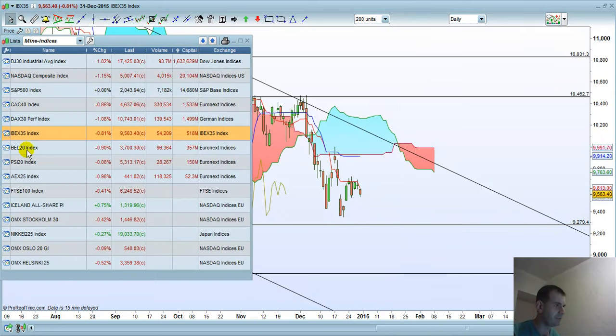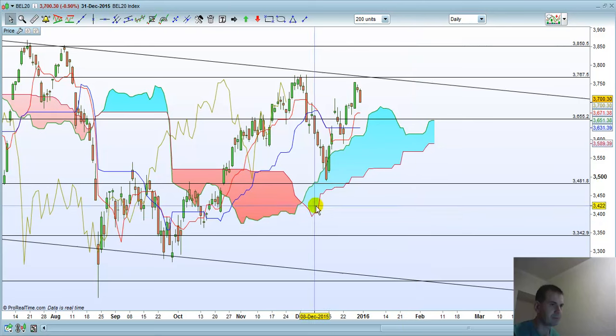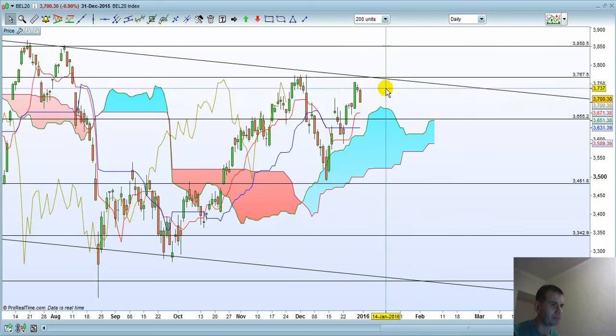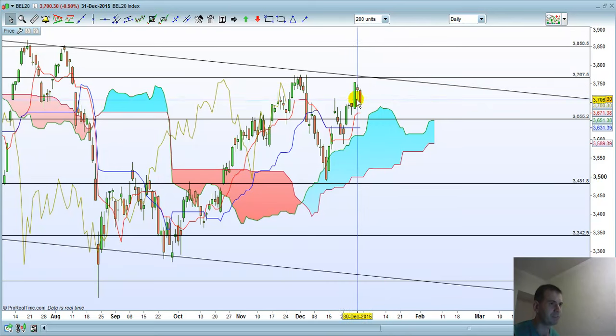Next index is BEL 20 index, Belgium index. So here we can see the price is over the cloud, but the overall trend is bearish, as you can see.